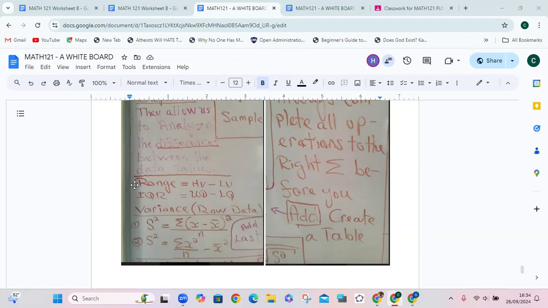So the simplest way of measuring the difference between the values is a descriptive measure of dispersion called the range, the difference between the highest value and the lowest value. Another descriptive measure of dispersion is the interquartile range, the upper quartile minus the lower quartile, and you can appreciate the negative sign, allowing us to subtract or find a difference.